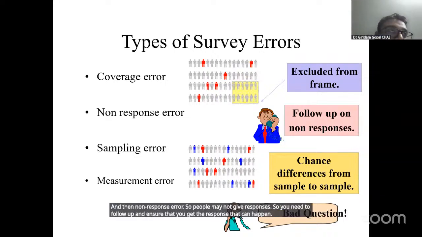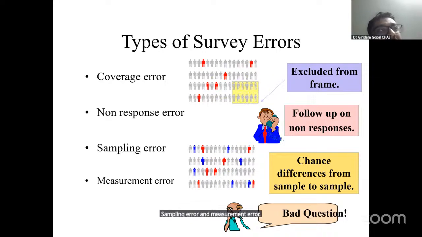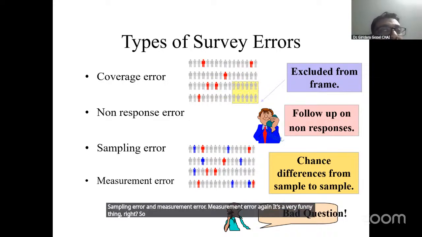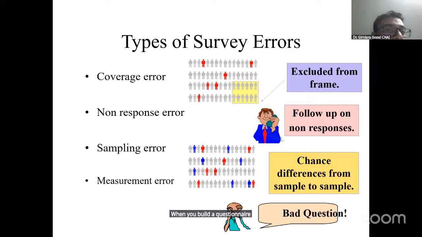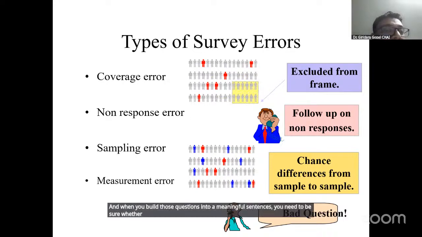Sampling error and measurement error. Measurement error, again, is a very funny thing, right? When you build a question, there is a huge science behind it. I could speak on the validation and reliability of a questionnaire for hours, because when you build a questionnaire, it's very critical what words are used. And when you build those questions into meaningful sentences, you need to be sure that the 10 people I train to conduct an interview do the same thing.